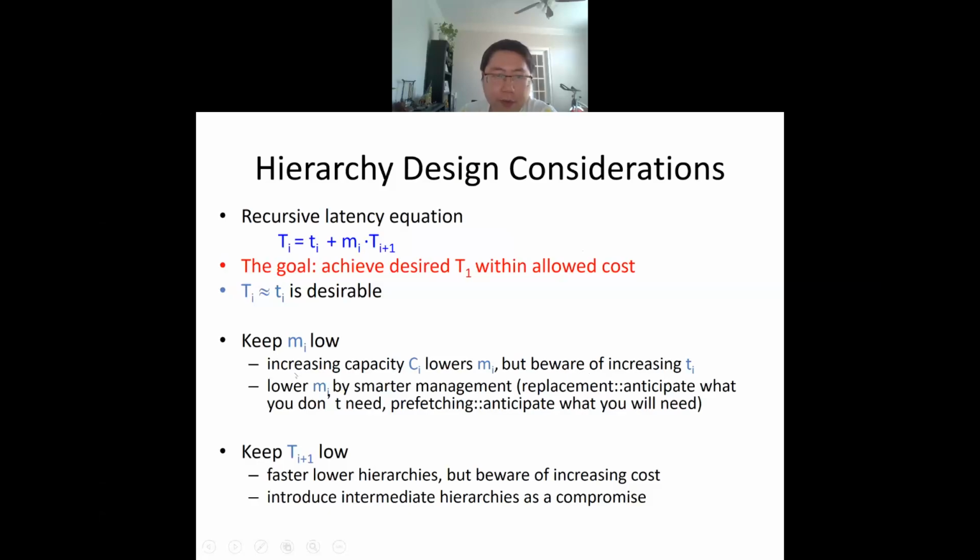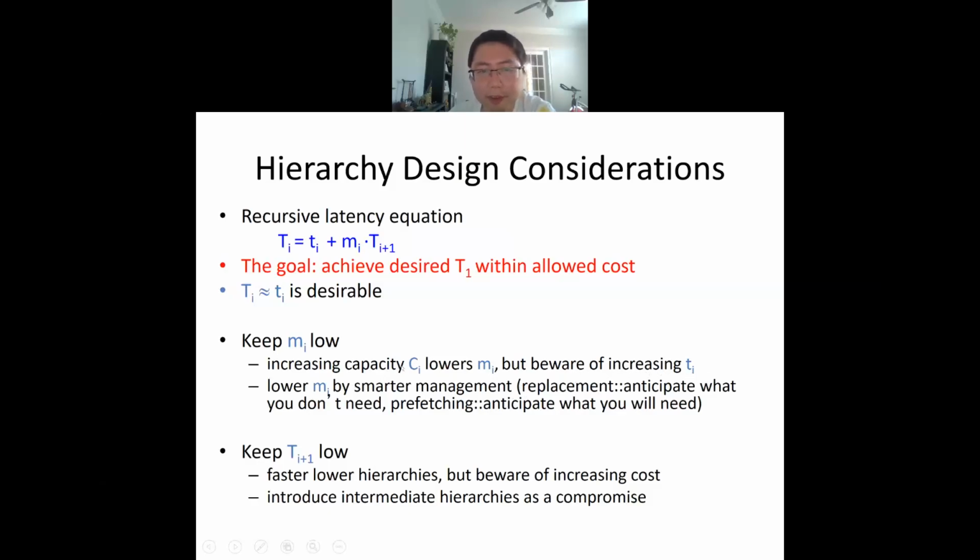One idea is to increase the capacity of the current level. Because you increase the capacity of the current level, there is more chance that you find the data in the current level, so you don't need to go to the next level to look for the data. But be aware of increasing Ti.